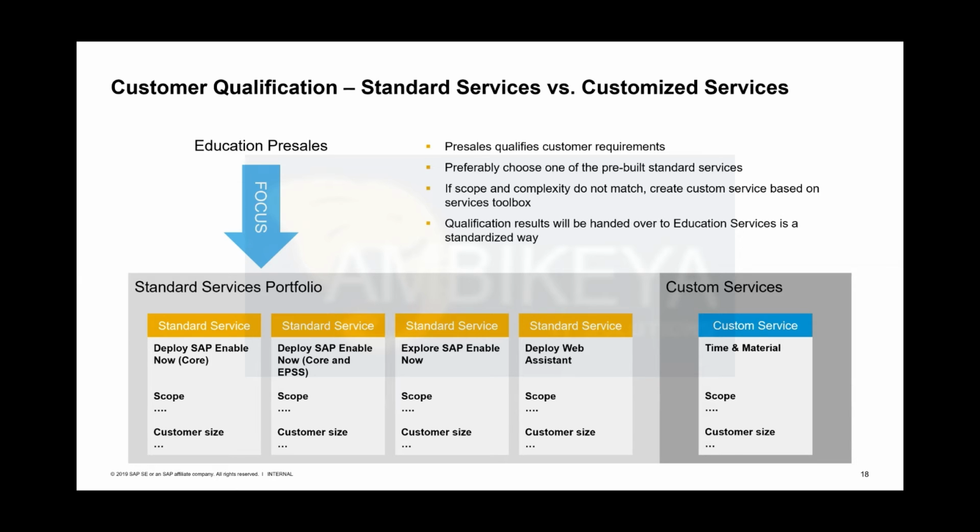And if the scope and complexity will not match, we're gonna go to the right box called custom service. And the qualification should be handed over to the education services team in a standardized way. There are checklists in place already, where I'm really looking forward to your feedback and the pre-sales colleagues' feedback on whether this is manageable or not.